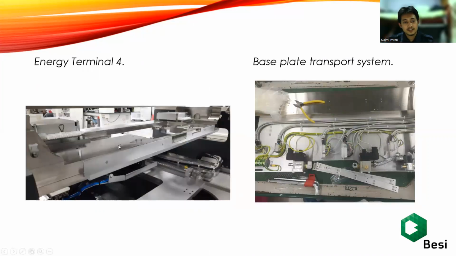This is the energy terminal 4, which we will put into the gantry. This is a base plate. We have 2 base plates, and this is the base plate for the transport system, used for the grounding and also for the air supply. We will put it into the gantry beside the energy terminal 4.